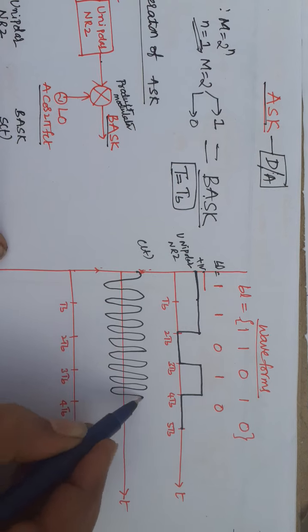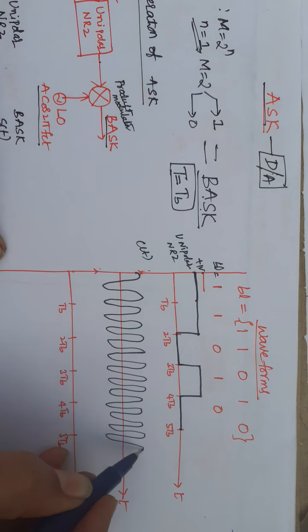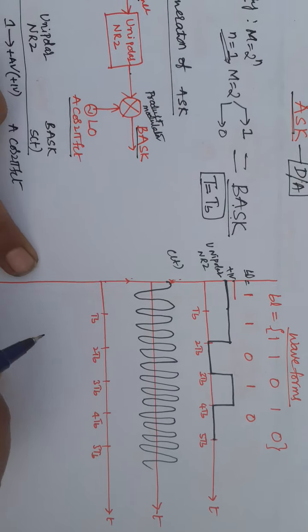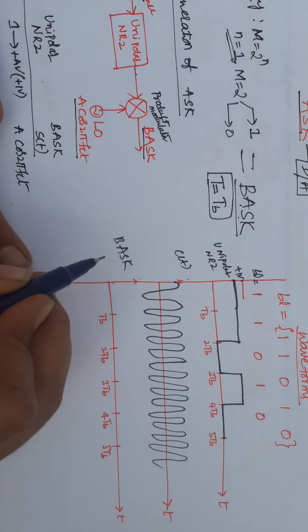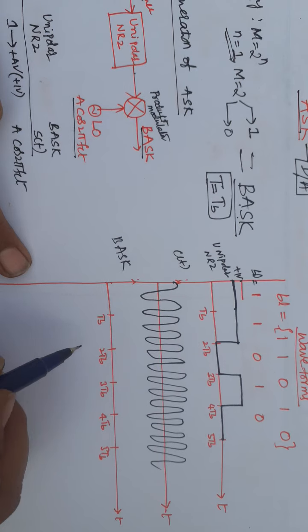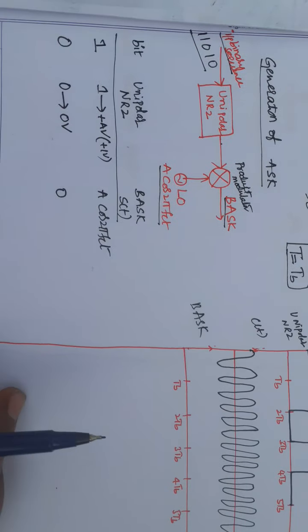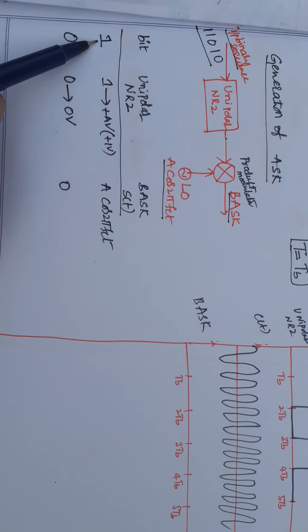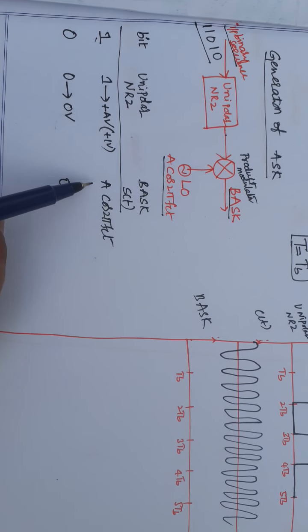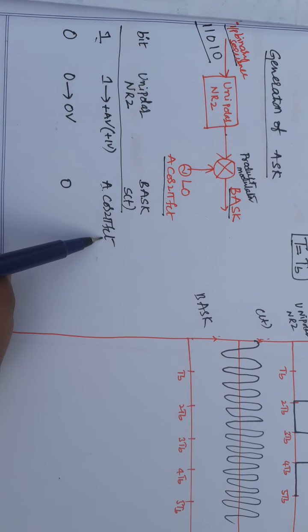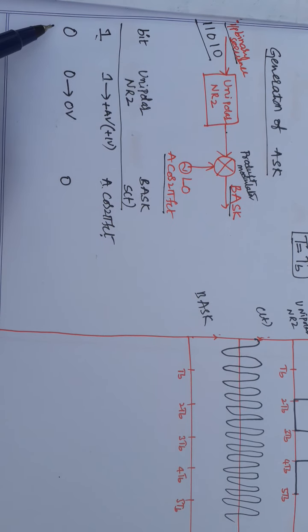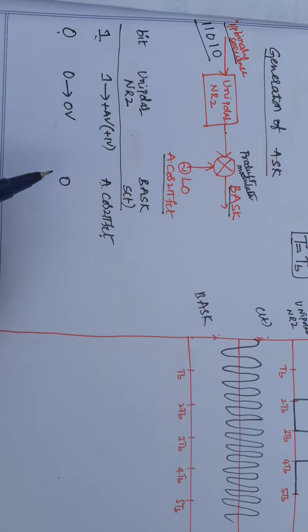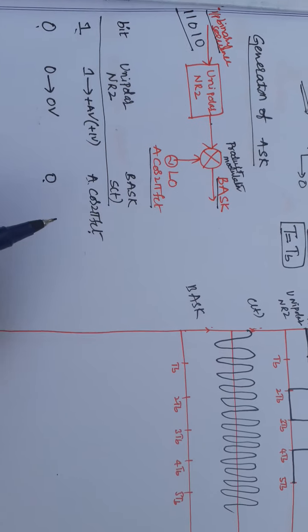Now the ASK signal, the BASK signal. Just now I said when bit is 1, the output S of t is A cos 2 pi fc t, and when bit is 0, the output S of t is 0, right?